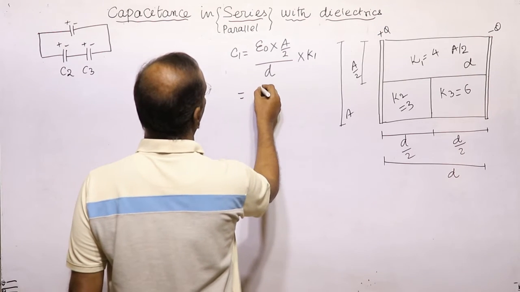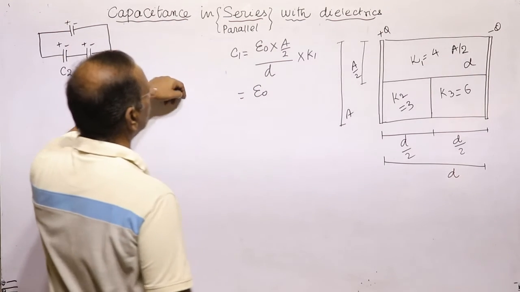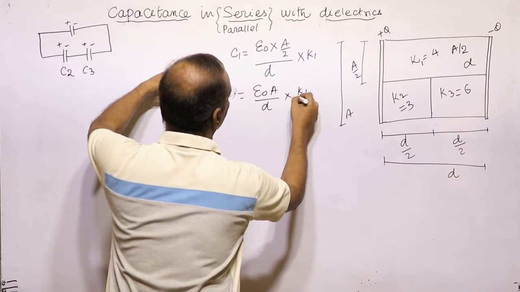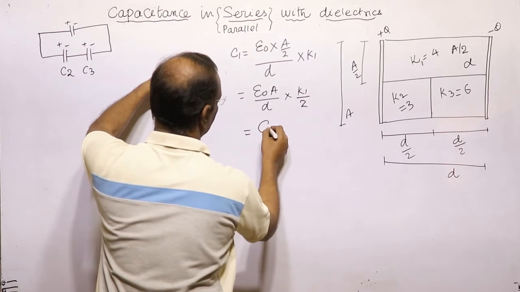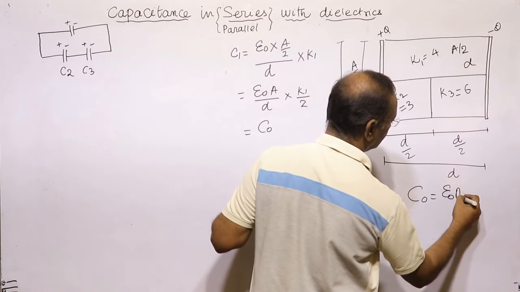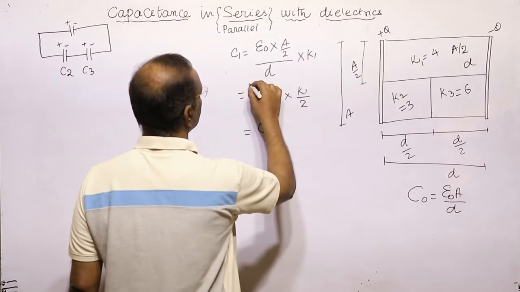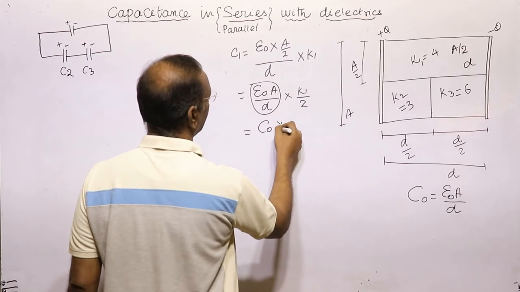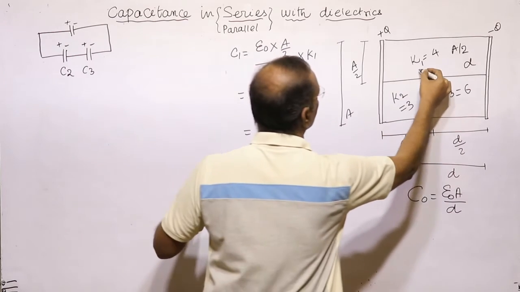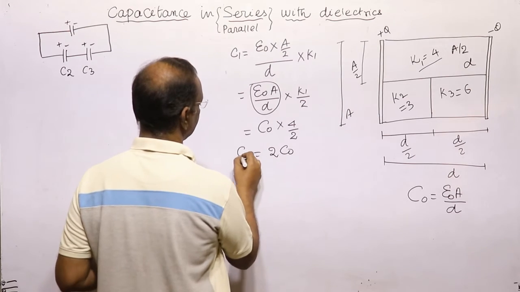This is epsilon naught A by D into K1 by 2, which is C naught K1, where C naught is epsilon naught A by D. K1 is given as 4, so 4 by 2 is 2, and C1 is 2 C naught.